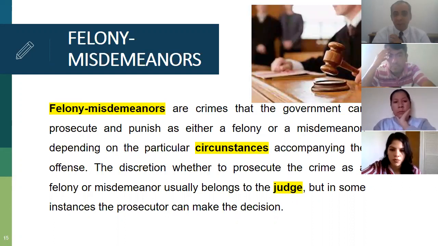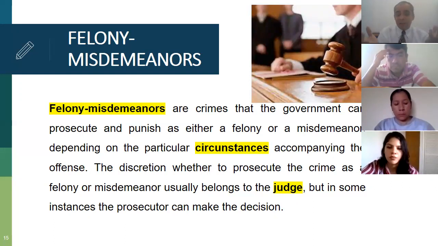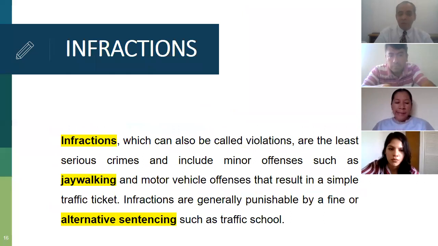Because depending on the level of the crime, the judge is going to take that decision. Or when we talk about infractions, infractions can also be called violations, but they are minor offenses, like, for example, jaywalking.